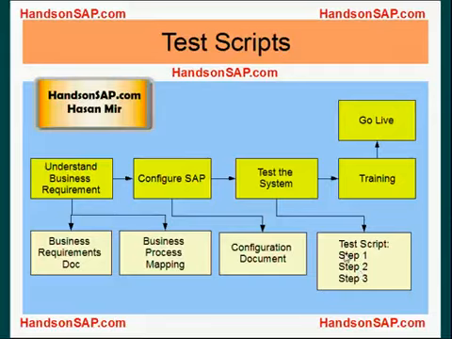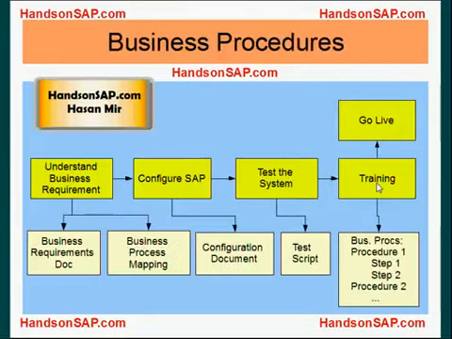So once the testing is done, you go to the training stage, and here a business procedure document has to be created. A consultant could create this document, or maybe some temporary staff could create it as well, but it has to be created. What is a business procedure document? It simply tells the end users what steps they need to follow to complete business procedures.